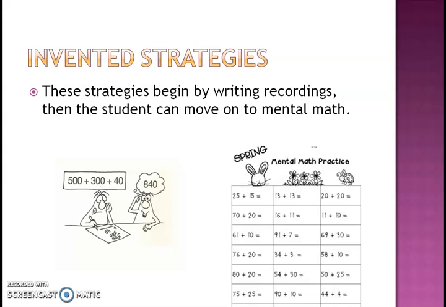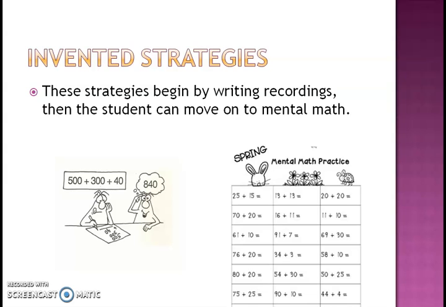Invented strategies. These strategies begin by writing recordings, then the student can move on to mental math. If you want to make sure the student understands the problem, you can have them show you how they understand through drawing out cubes or using manipulatives.